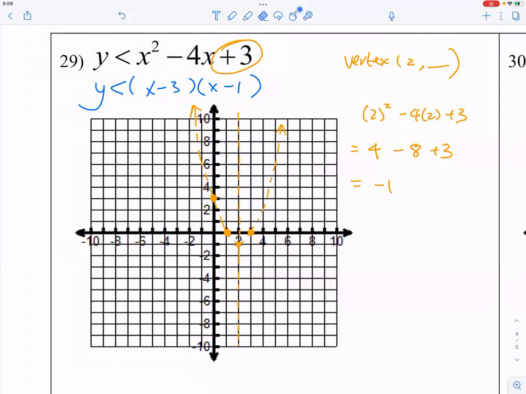Okay, and which region are we shading? The one above or the one below? When it says y is less than the parabola. Yeah, below. Okay. Because y is less than means below.